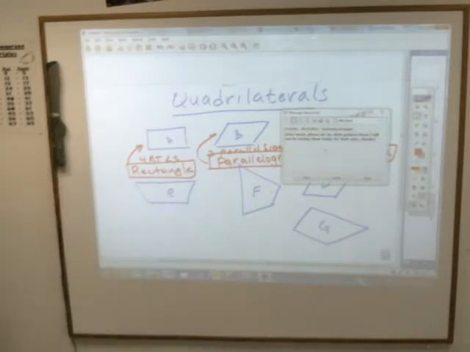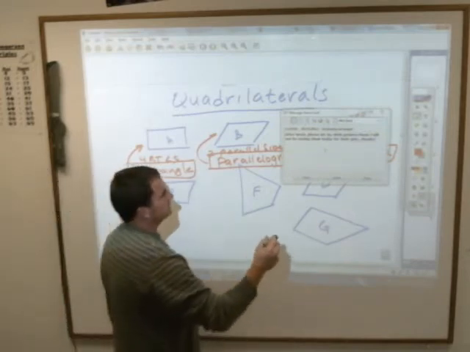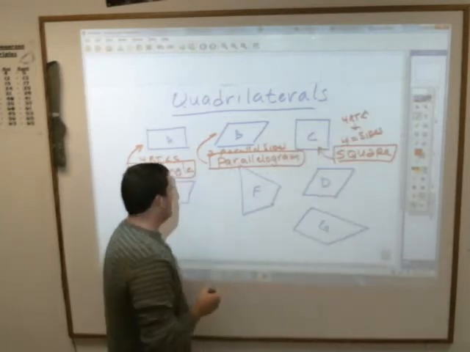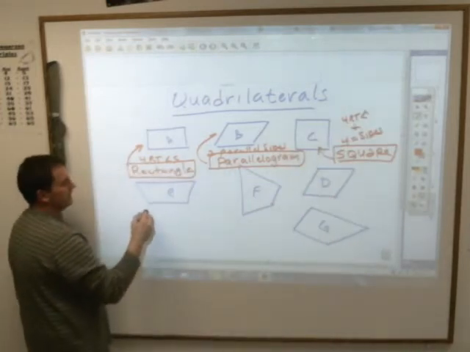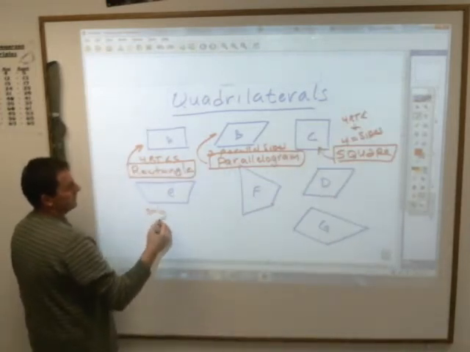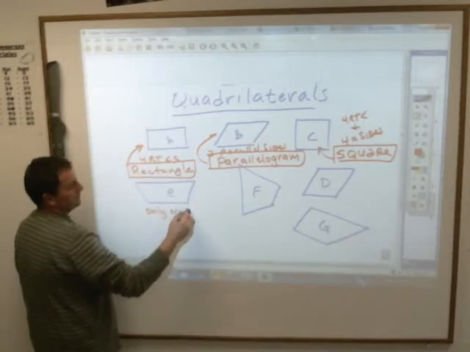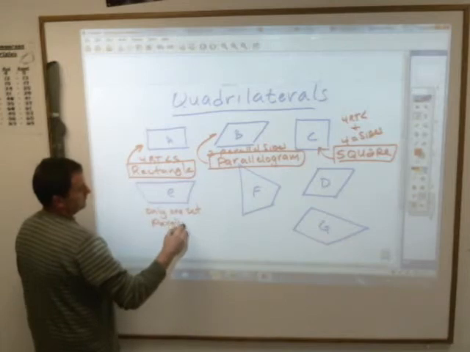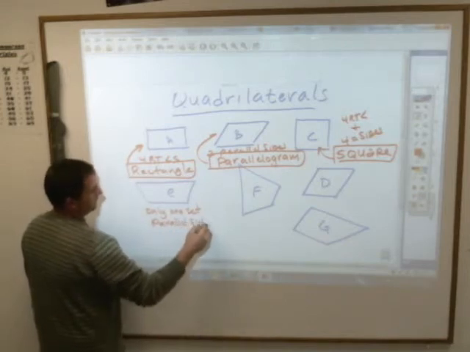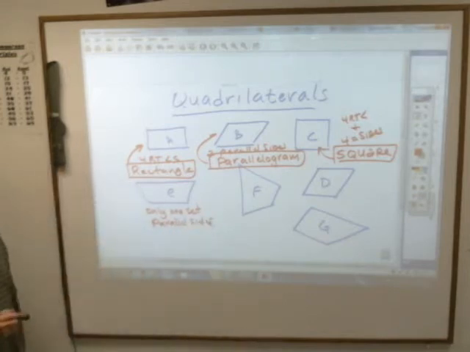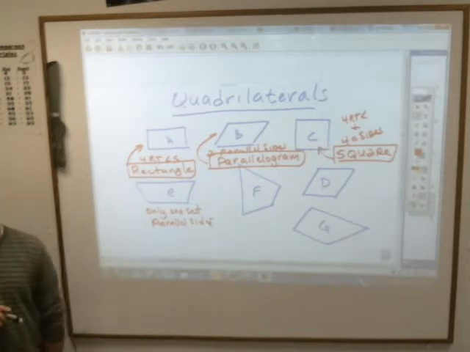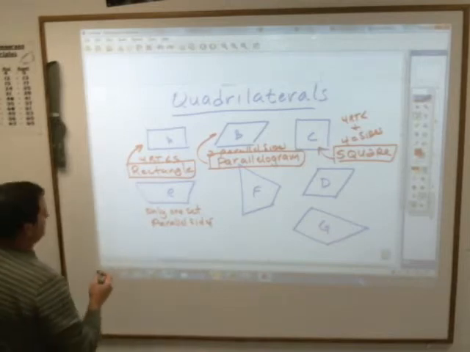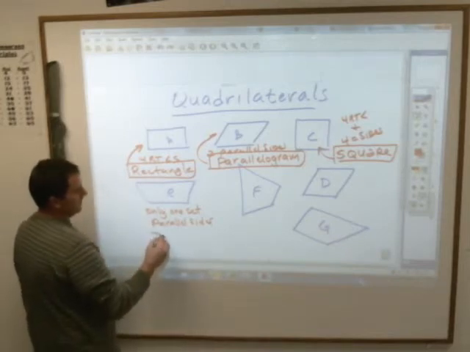Letter E, something that has exactly and only one set of parallel sides. What would that be? Only one set of parallel sides. Emma Christ? It is a trapezoid.